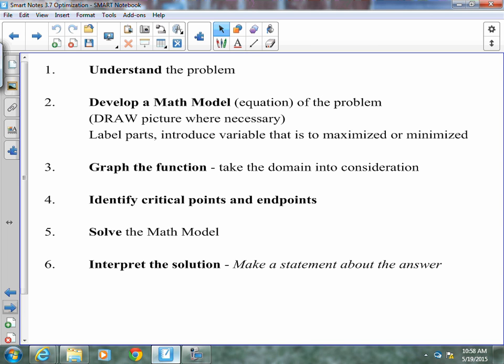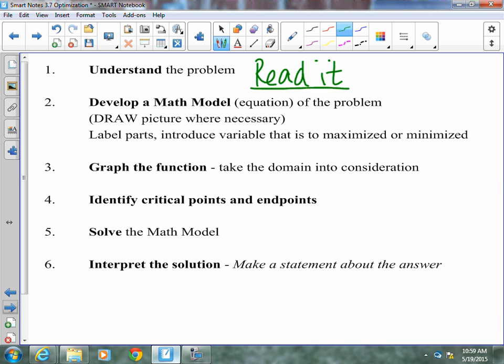Understand the problem, which might take reading it multiple times, sometimes more than once. Secondly, develop a math model of the problem. Draw a picture if you need to. Label parts. Give variable values to things that are not labeled that you will need to use.